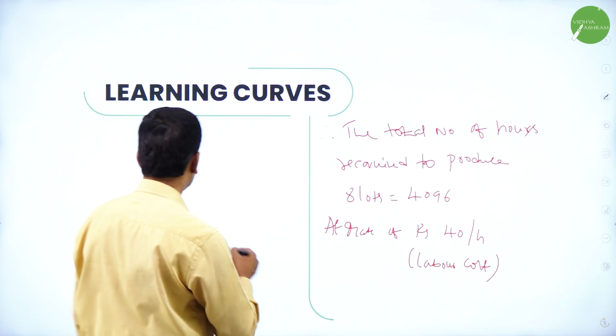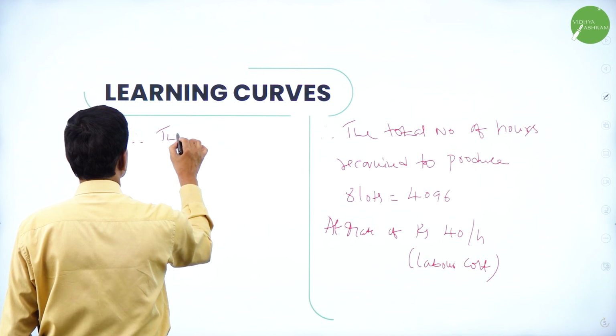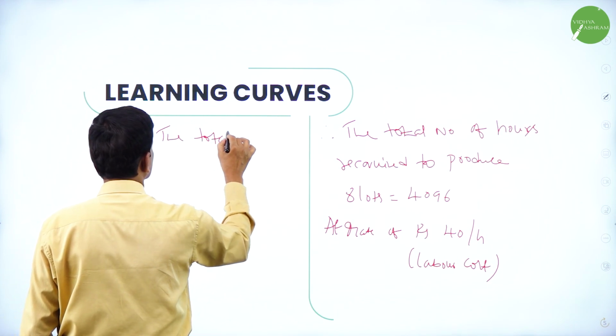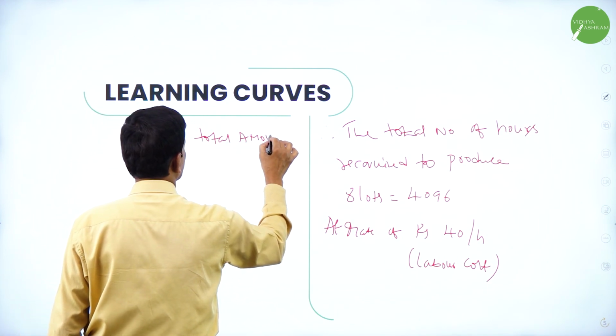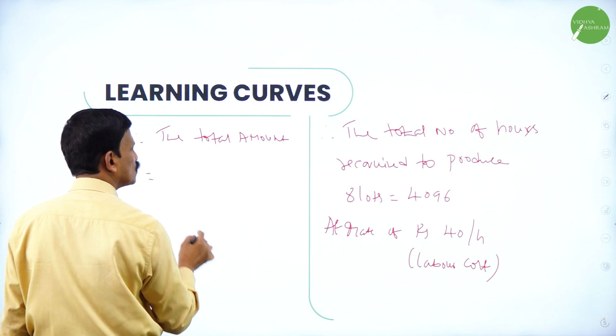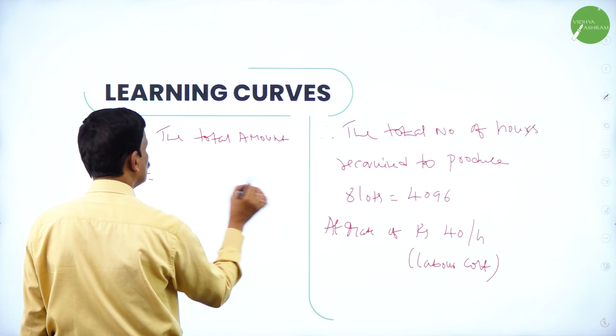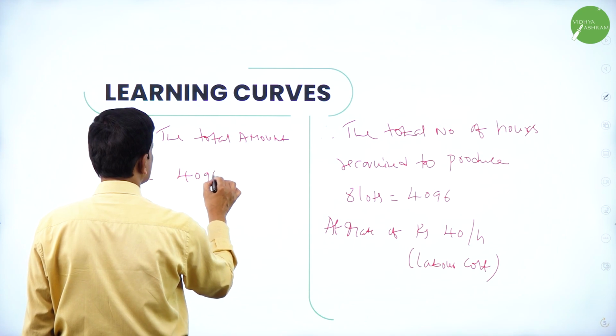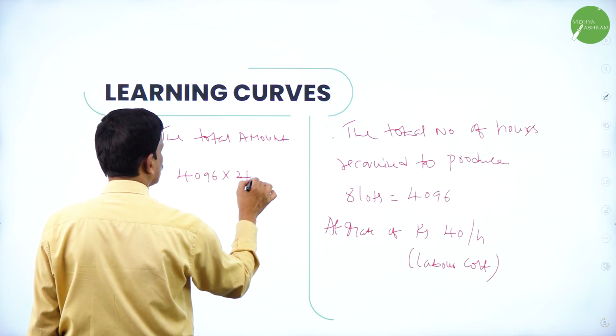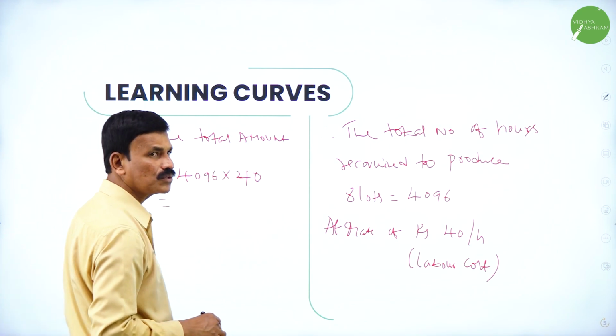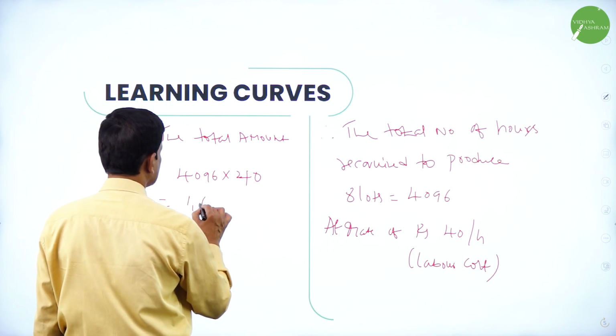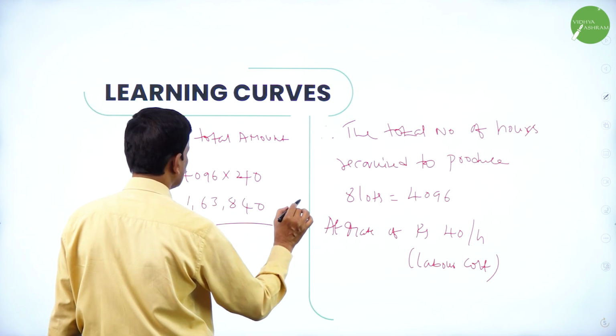So, therefore, the total amount is equal to 4096 into 40. What is this equal to? This is equal to 1,63,840.